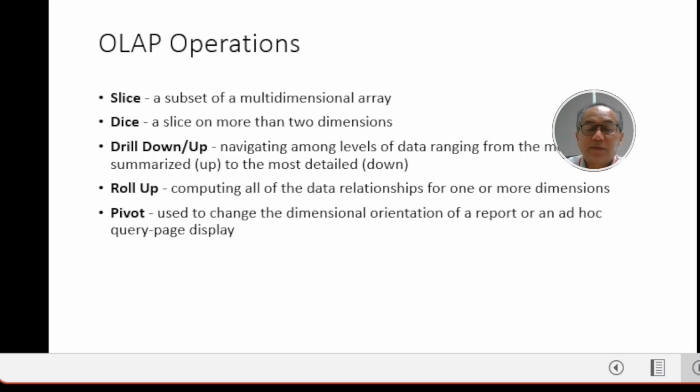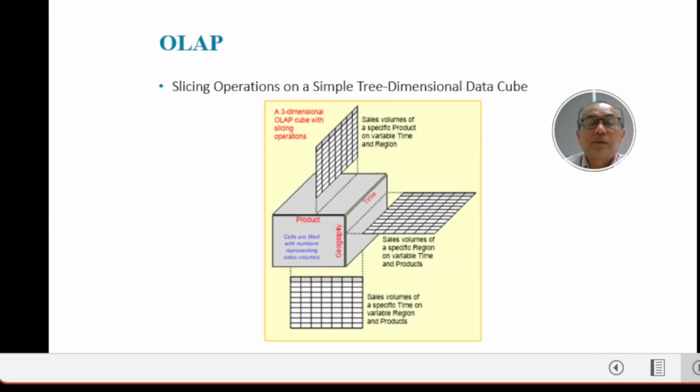You can dice into more than 2 dimensions, or you can drill down, or you can drill up. You can roll up. You can compute data relationships within one or more dimensions, or you can even pivot, change the dimensional orientation so that you can report or answer ad hoc queries. So this is slicing.